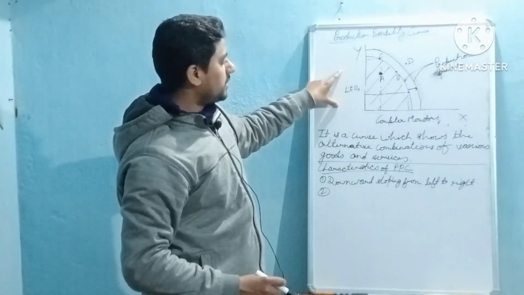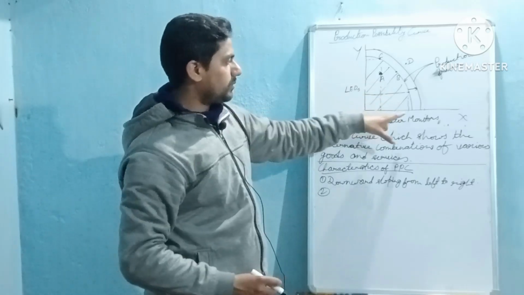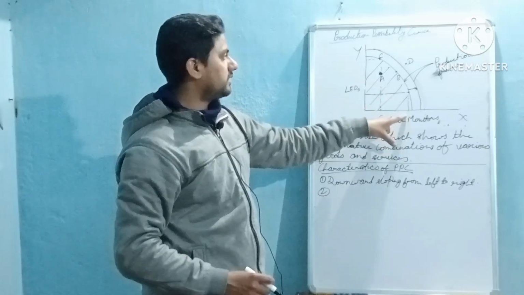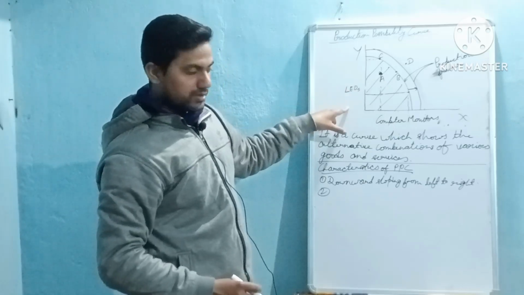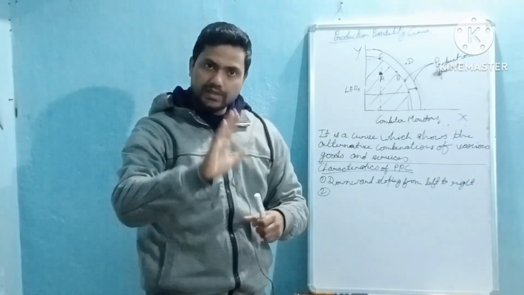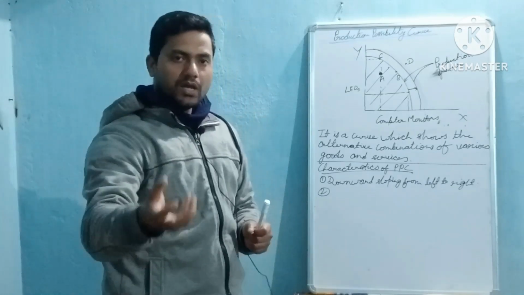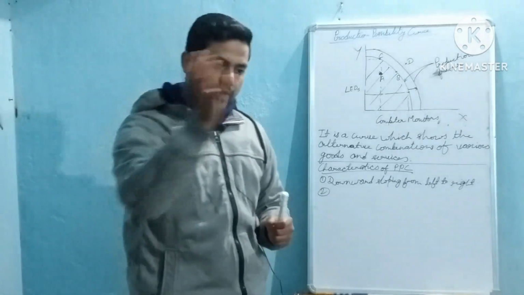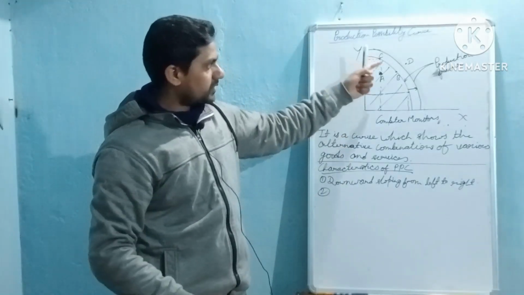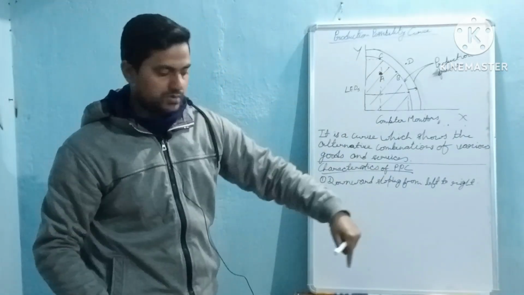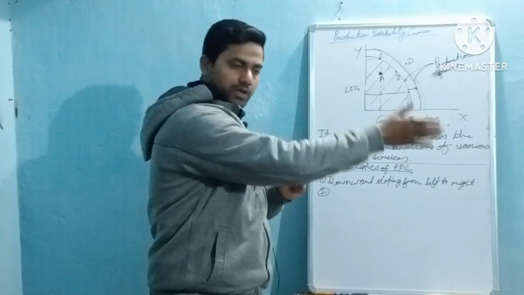When we go to the right to increase the production of computer monitors, we have to decrease the production of LEDs. It means if you want to increase the production of one kind of good, we have to decrease the production of another kind of good. That's why this production possibility curve slopes downward when we go from left to right.